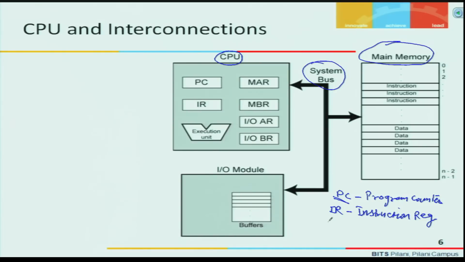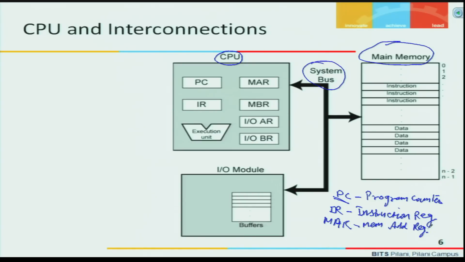Then the third register is MAR. MAR stands for memory address register. Memory address register is used to keep the address of the location from where data has to be read, data or instruction whatever.